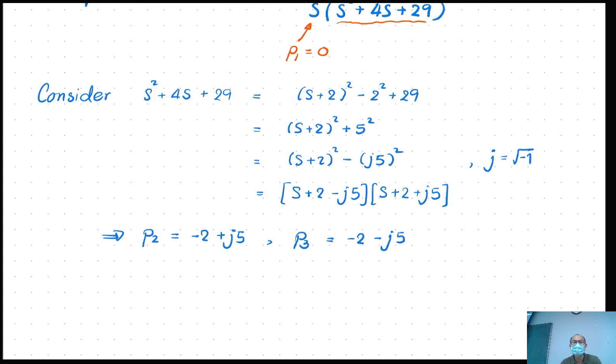So at this point, we know that there are three poles. The first is at 0. The second and third poles are a conjugate pair, minus 2 plus j5 and minus 2 minus j5.